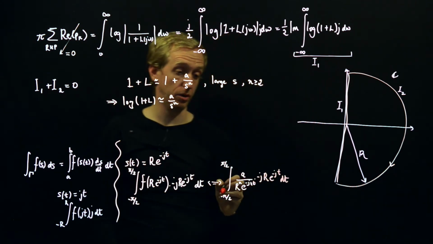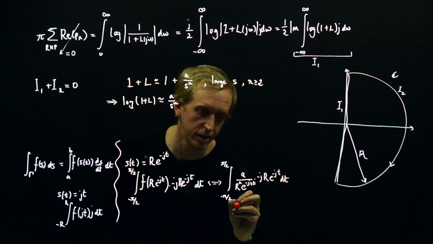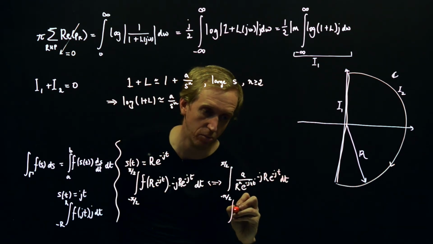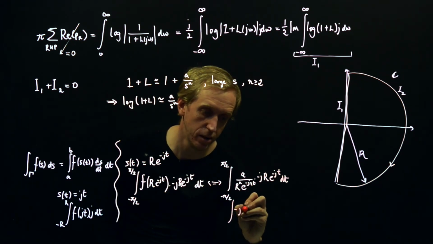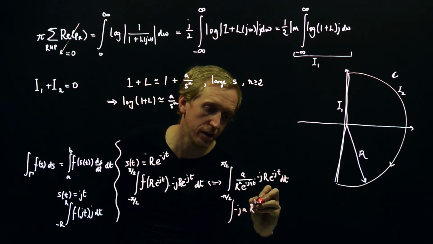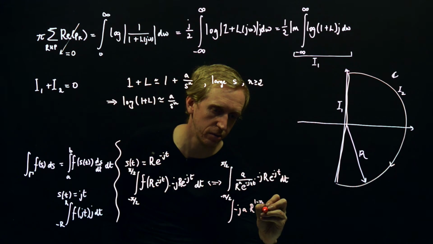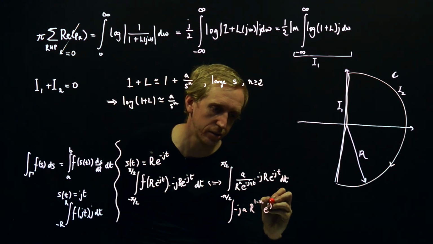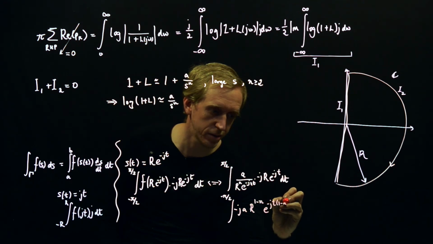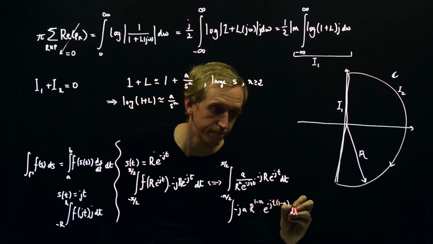And if I just go and simplify this, I get the integral, same limits. I have minus j a, and then here I have r to the 1 minus n, and similarly e to the minus j t (1 minus n) dt.